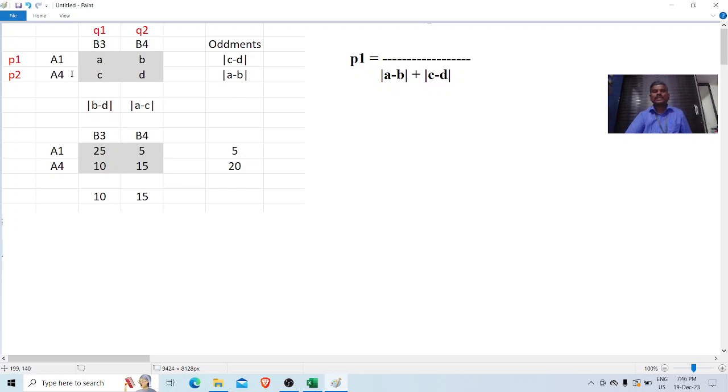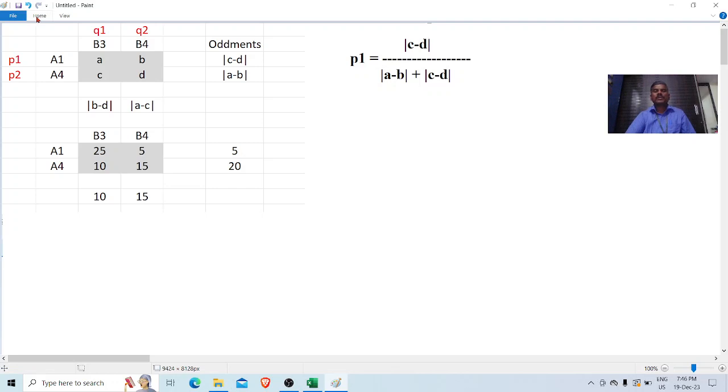We are looking at the probability of using strategy A1, this P1. So the corresponding value is C minus D, and that will be our numerator. So modulus of C minus D is the formula for P1.